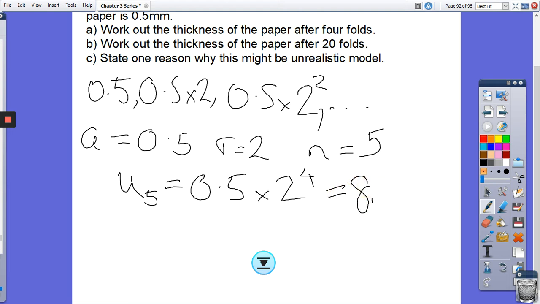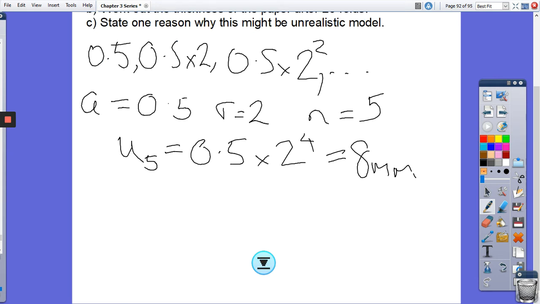So you've got 8 millimeters. Okay. I think that's actually easier, as long as you get around the head that the first go isn't the first fold, it's just the original thickness of the paper. As long as you've got that, maybe I'm wrong, but this example is easier than the example with the arithmetic series.